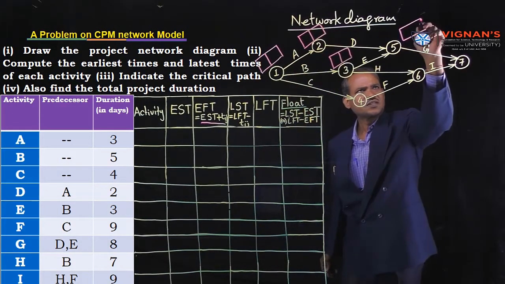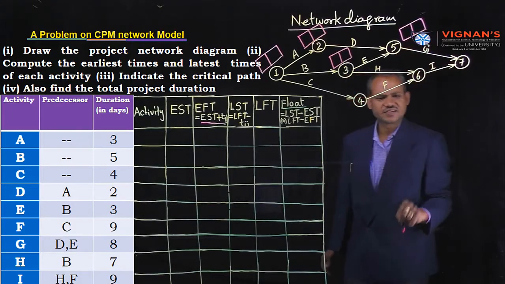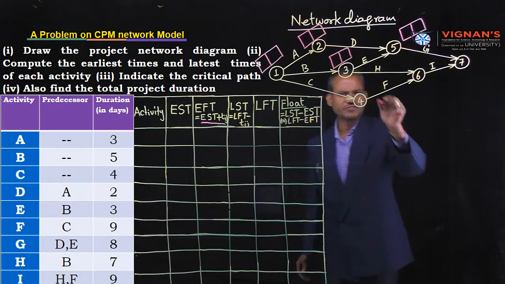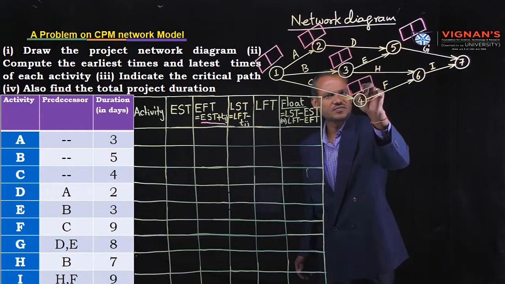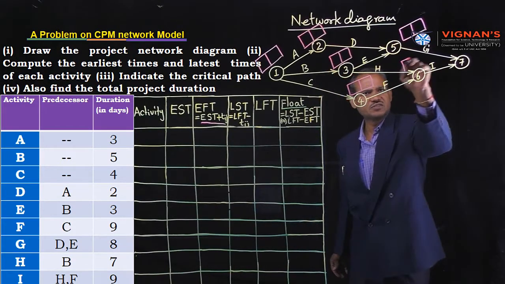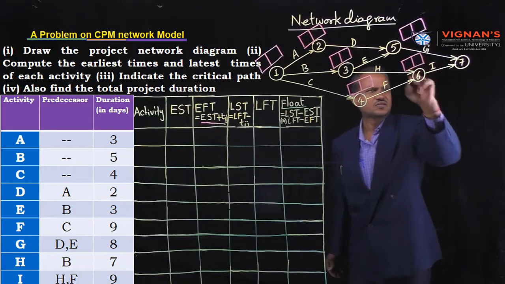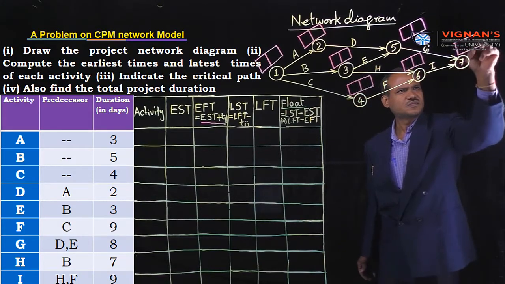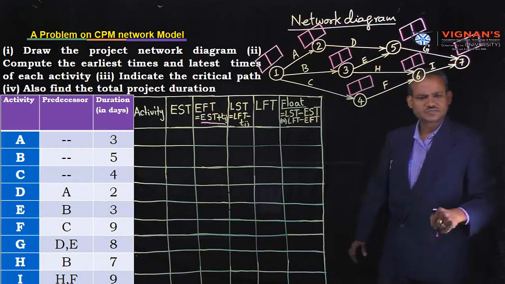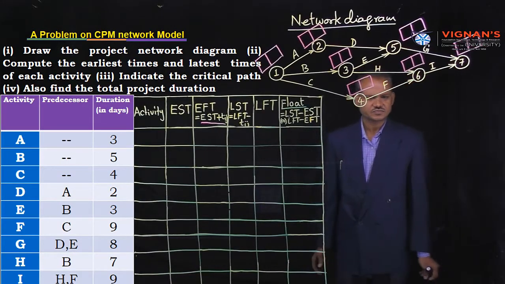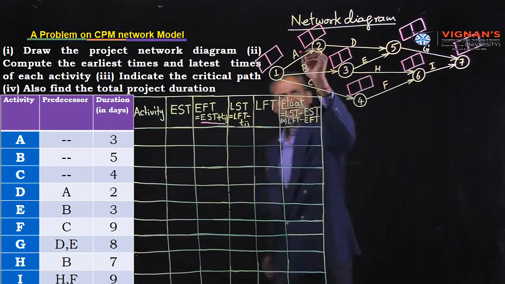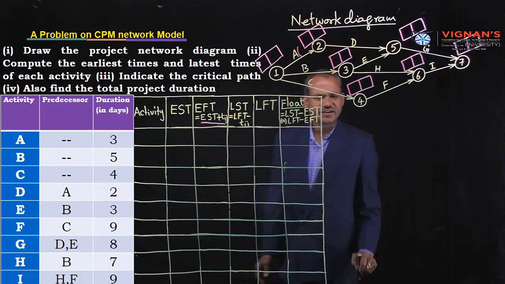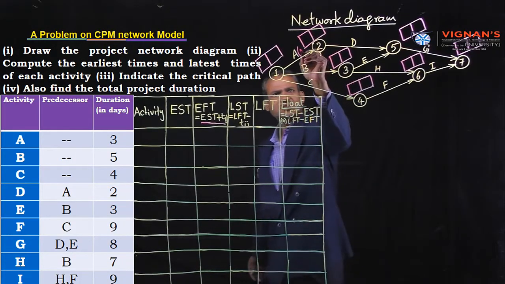Now in the network diagram there are 7 nodes or events. For each node indicate two square boxes like this. Next, also write the activity times. A takes 3 days.